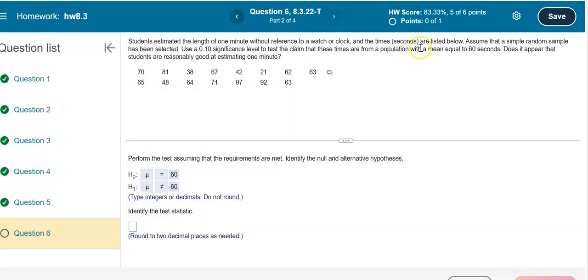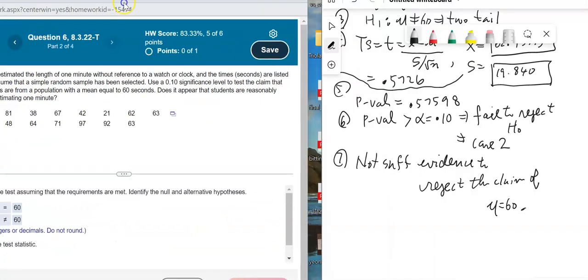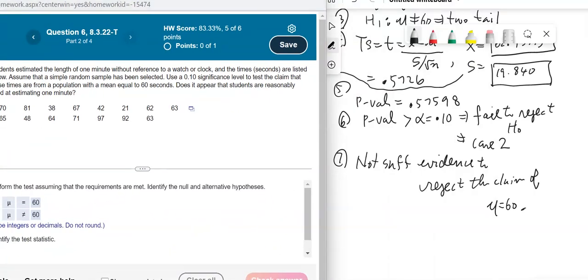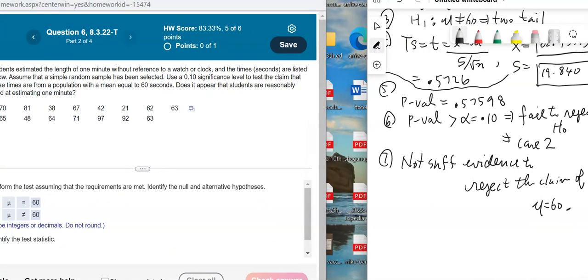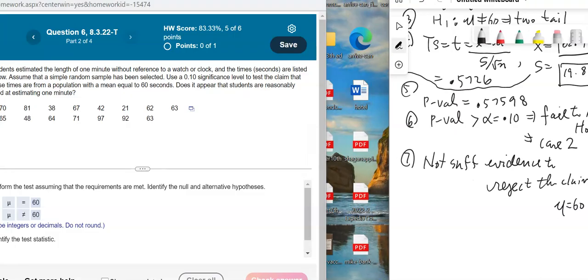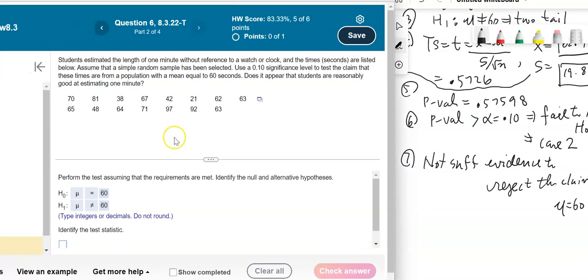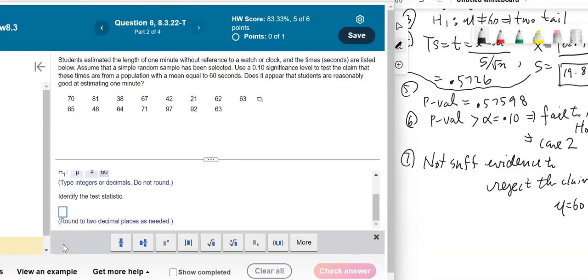And then now let's answer this stuff here. I need to move you a little bit over there so that I can see better. Okay, test statistic. What is the test statistic? We have it right there. 2 decimals, 0.57. That's what I'm looking at.